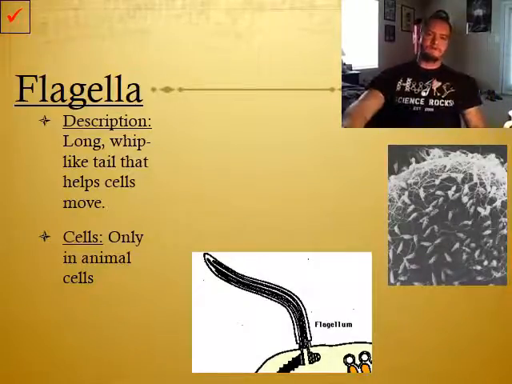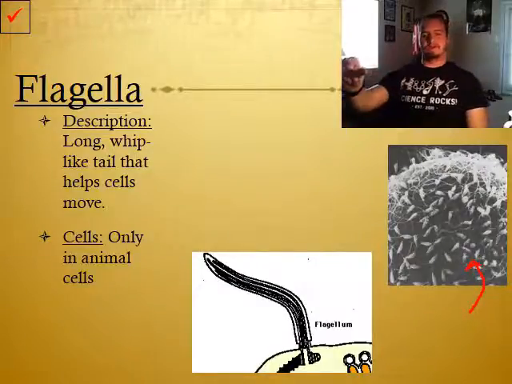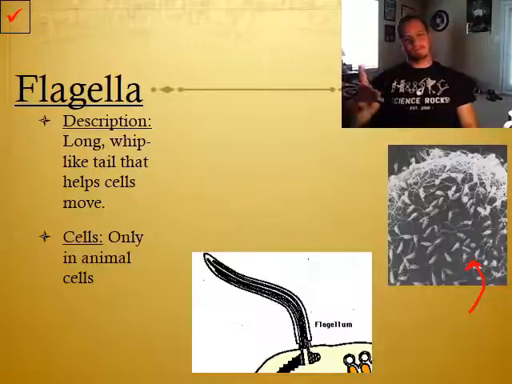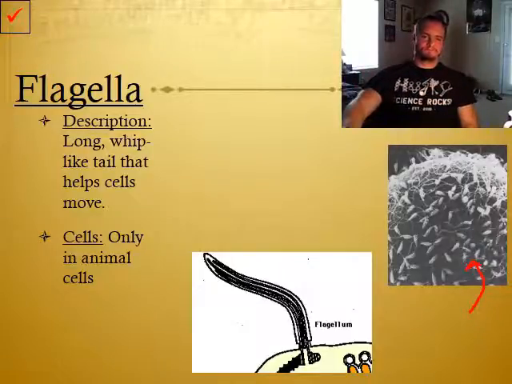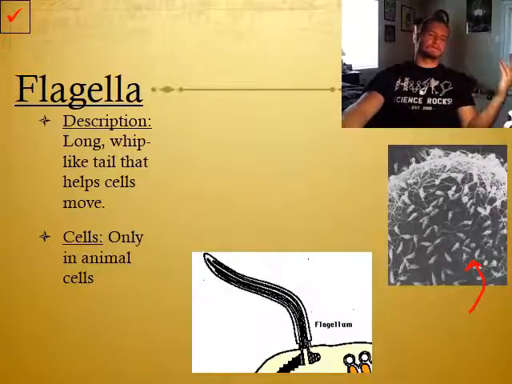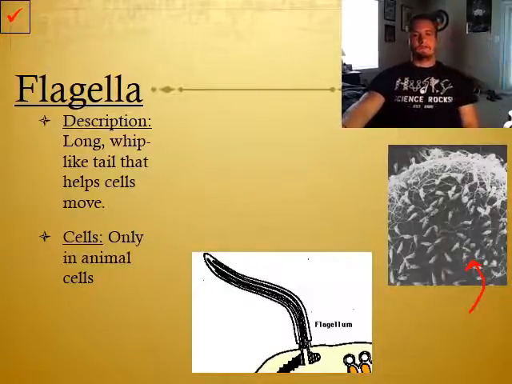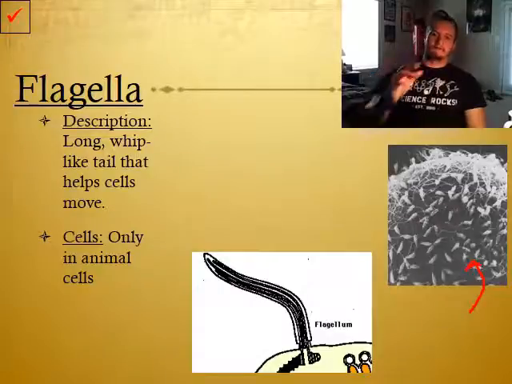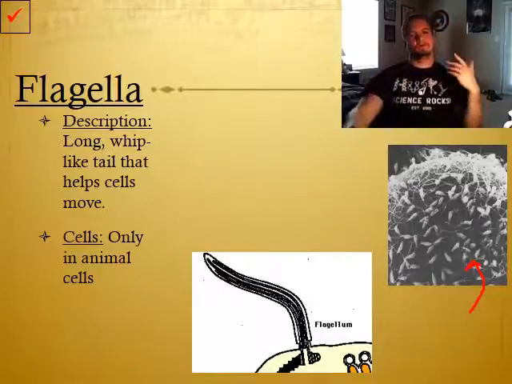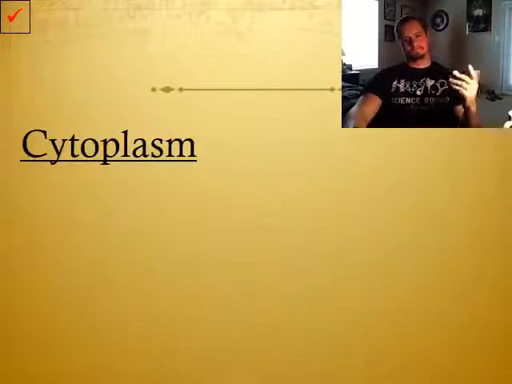Now what we have here are little sperm. The sperm have these flagella coming off the back that help them swim to the egg to help fertilize it. This is a bio class, come on, you knew that was coming at some point. Anyway, flagella are little whip-like projections that help the cell move.